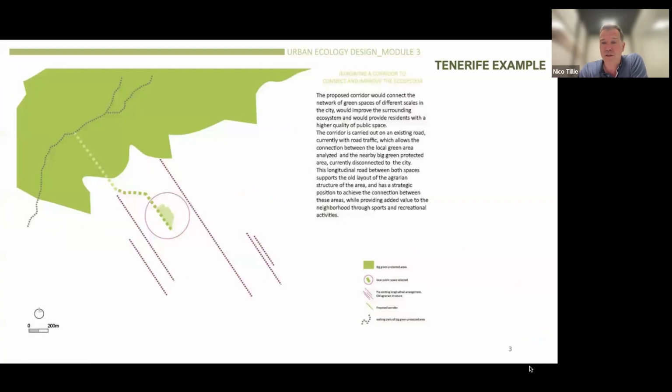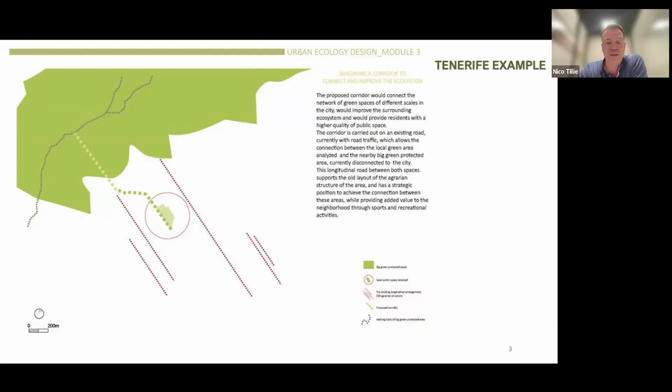We've been showing this example before, the Tenerife example. Here on Tenerife, there is a large green area, and the white area is the city. In the city, there's also a smaller park, and one of the streets, which connects the two areas, is chosen to be greened.